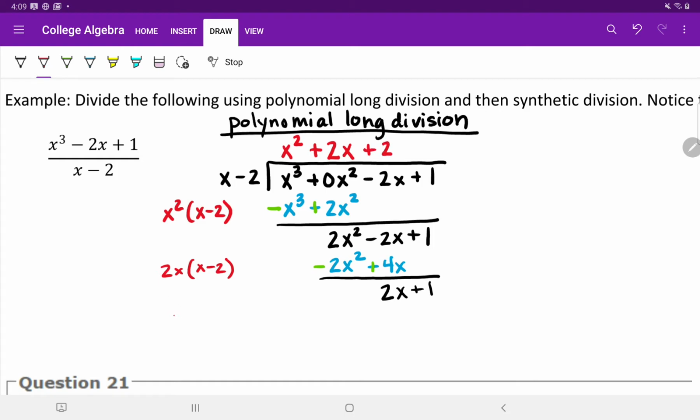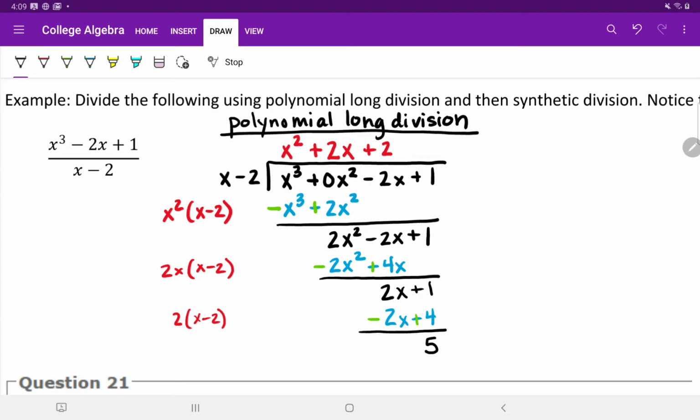So now we take that positive 2, we multiply it by our divisor, and we write the result on the next line. So 2x minus 4, but we're subtracting, so we flip both signs, and that gives us some terms we can combine. 2x and minus 2x combine and cancel. Plus 1 and plus 4 combine to give us a positive 5.